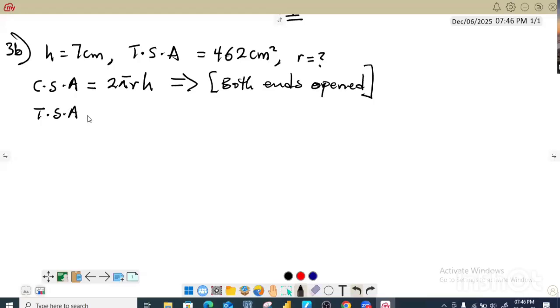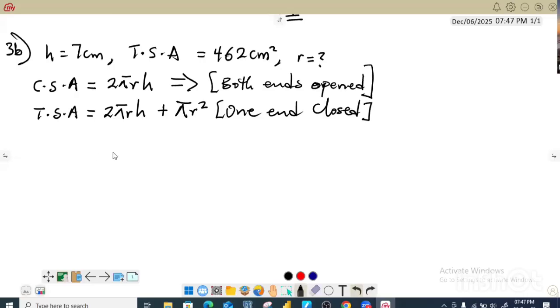Now, when one end is closed, what shape does that end of the cylinder give? A circle. So it means when one end is closed, you have plus pi r square, the area of that circle. That is what we are looking for.